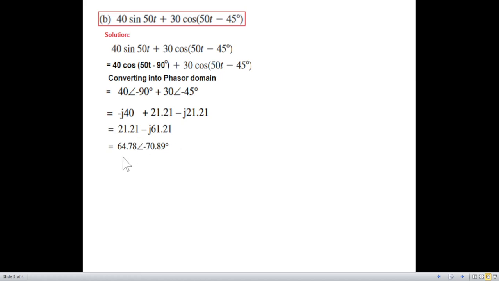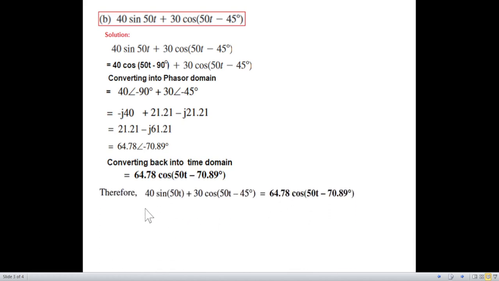In polar form, we get this answer. And now back into the time domain. Magnitude cosine of 50t now, because 50t is in this question. So we'll write 50t and this angle, minus 70.89. So this is the answer. And the final answer we can write like this.